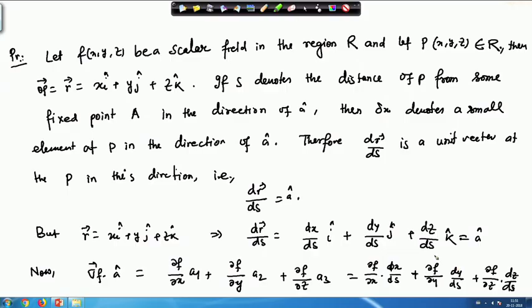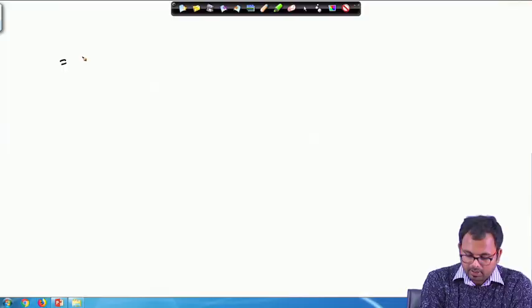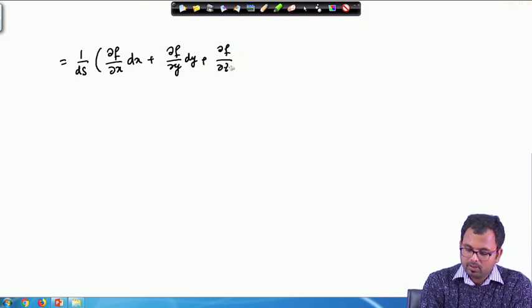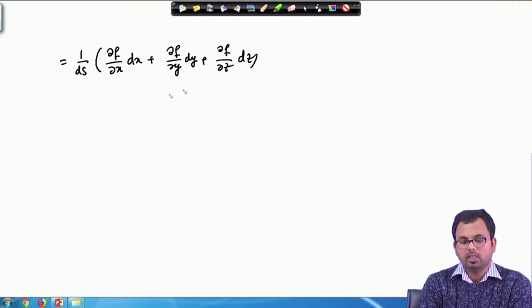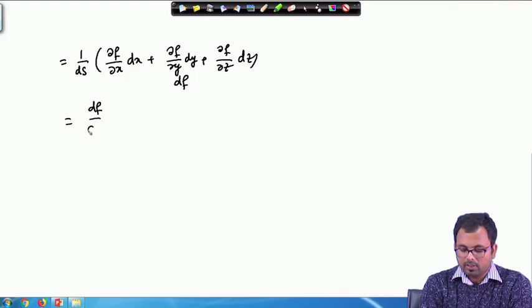So ultimately, what I am trying to say is that we can write it like this: 1 by ds, and then del f del x times dx, del f del y times dy, and del f del z times dz. And now this is nothing but our df, from differential calculus. So I can write it as df ds.